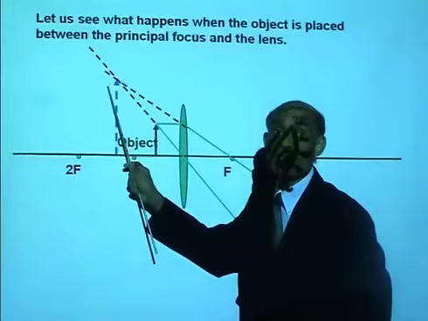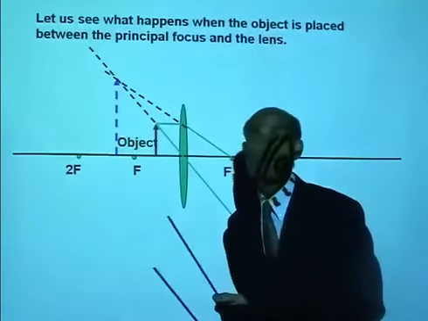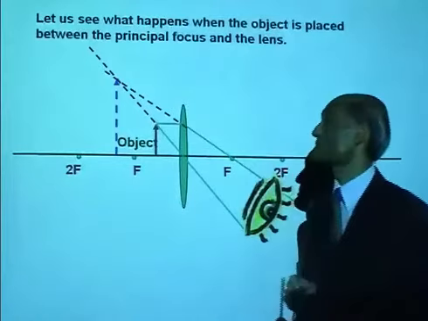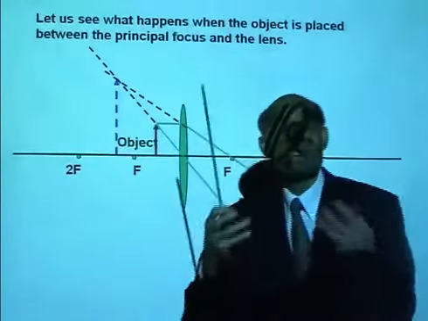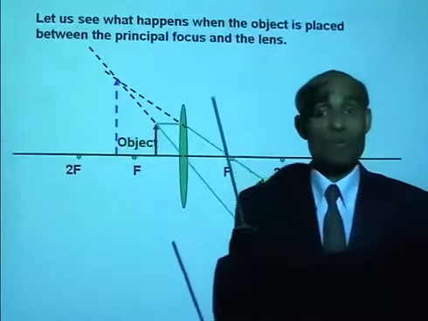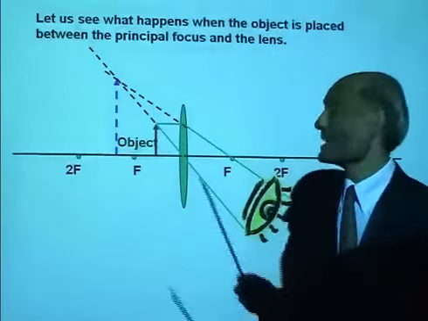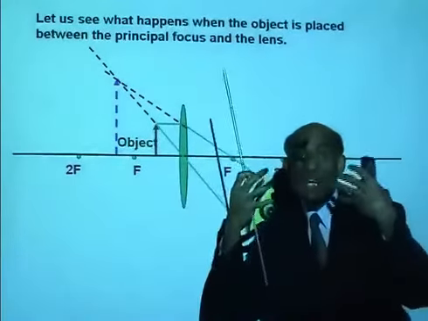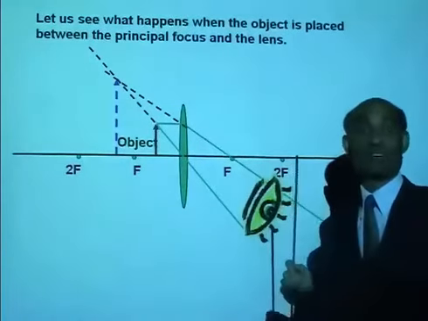And that is where the image is formed. Now look at the way I used broken lines to represent the image. Why? This image is virtual. Why? Because it is not formed by the actual intersection of the light rays. It is formed by the illusion of the rectilinear propagation of light.